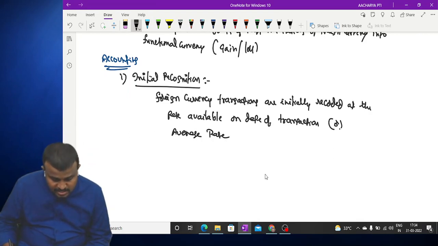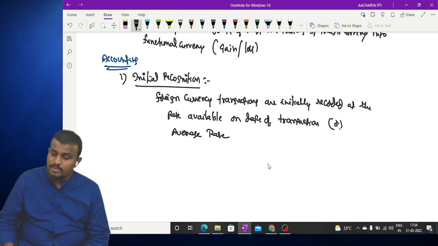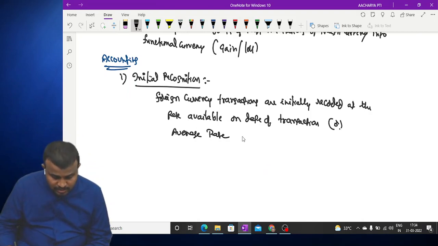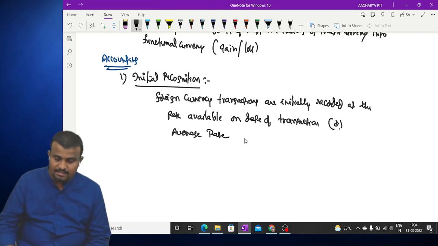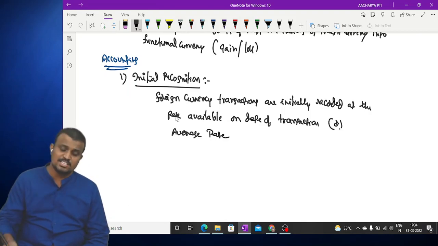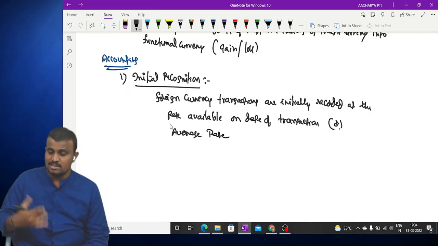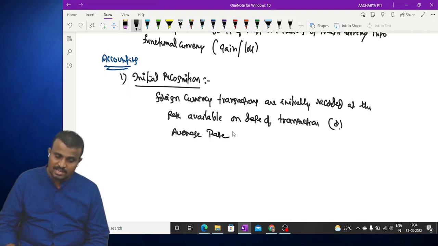So foreign currency transactions should be recorded initially at the rate available on the date of a transaction. If the actual rate on the date of transaction is not available, then the average rate is considered.